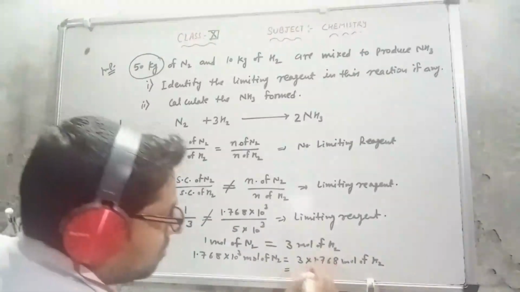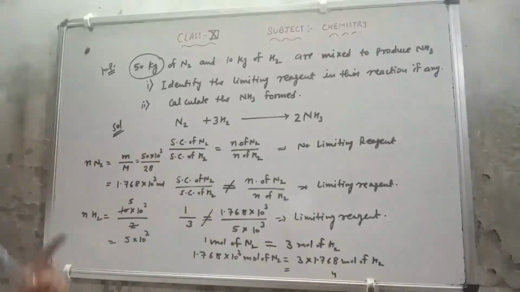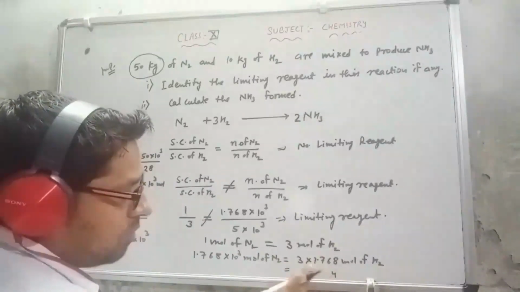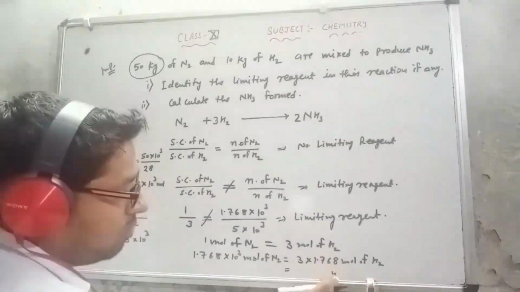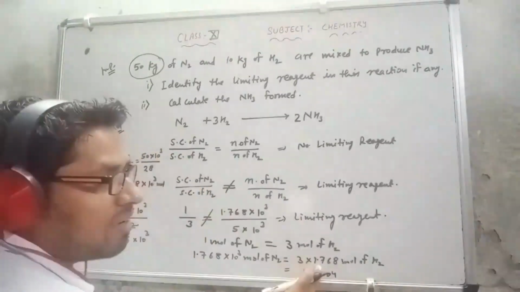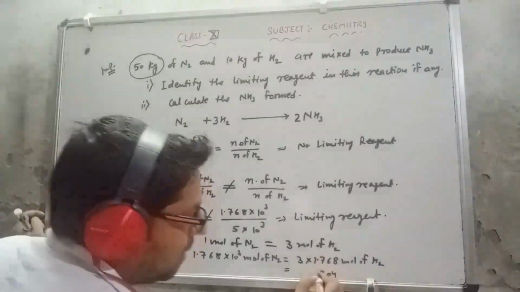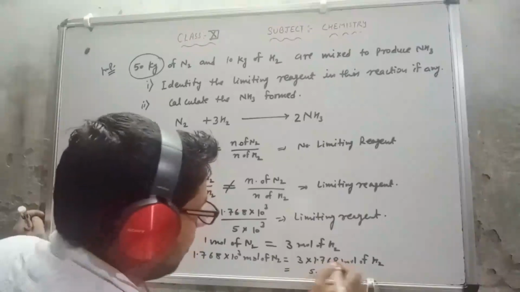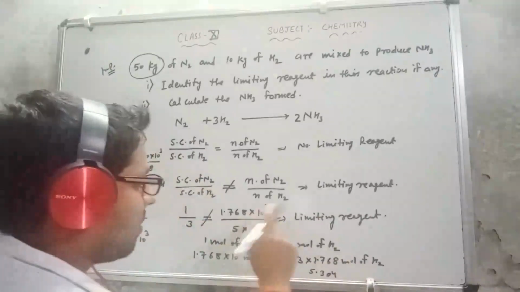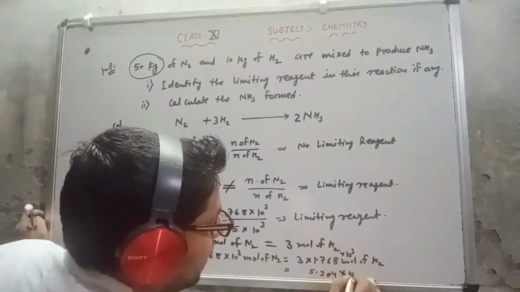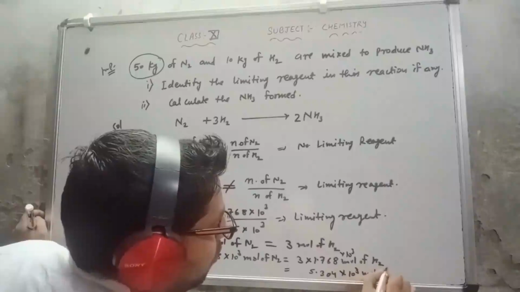3 times 8 is 24, write 4 carry 2, 3 times 6 is 18, 18 and 2 is 20, write 0 carry 2, 3 times 7 is 21 and 2 is 23, write 3 carry 2, 3 times 1 is 3 and 2 is 5. So 5.304, multiplied by 10 to the power 3 moles of H2.